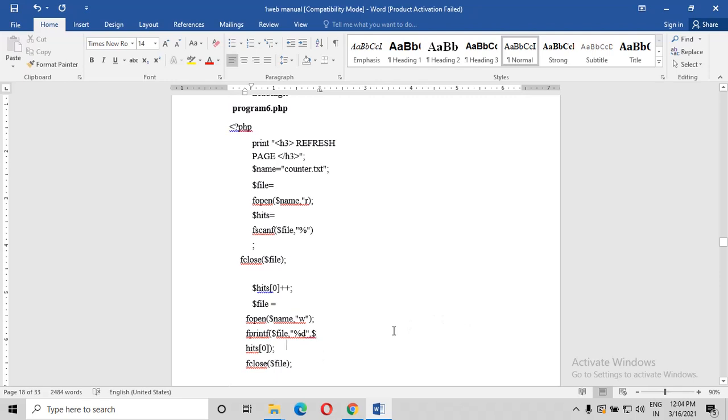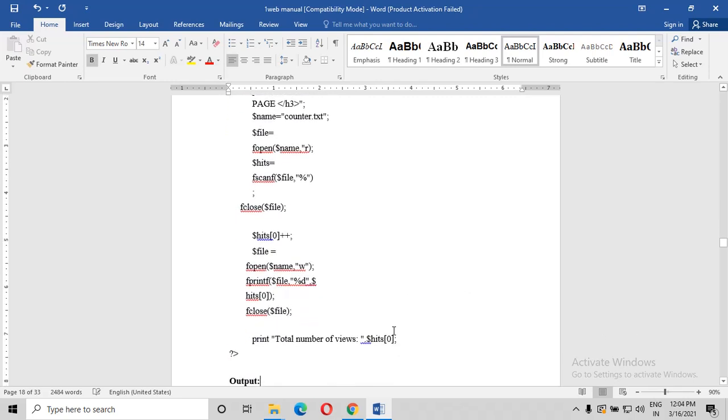That's it. First you open the file and read it, then you take the hit count and increase it whenever a visitor visits, and you write it back. Fopen with the file name and the mode w, which means write only.